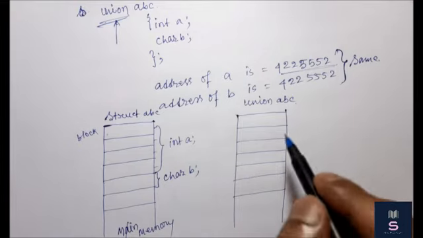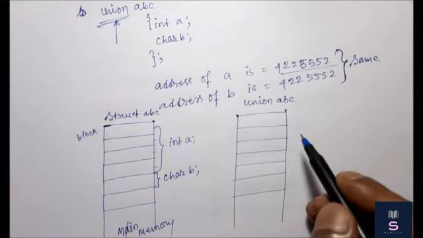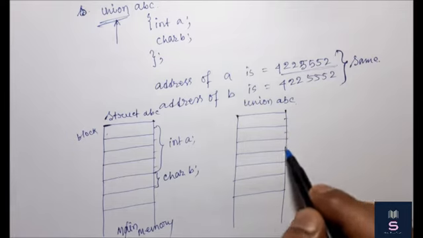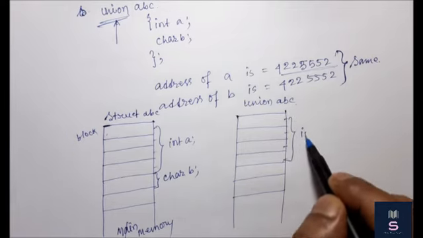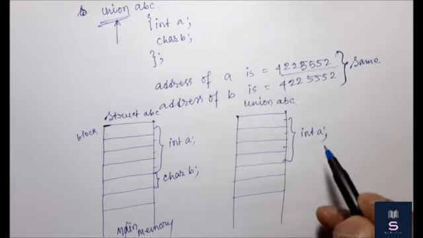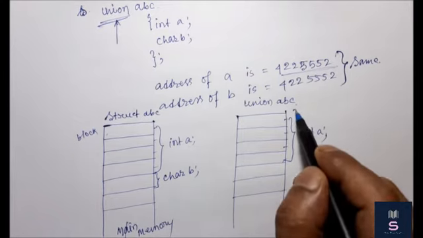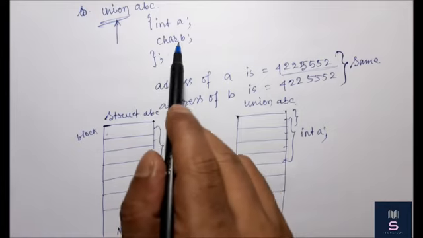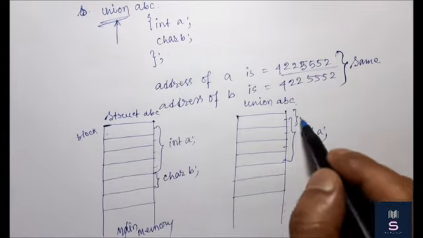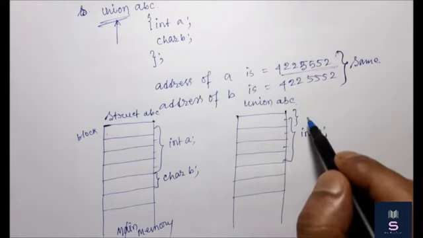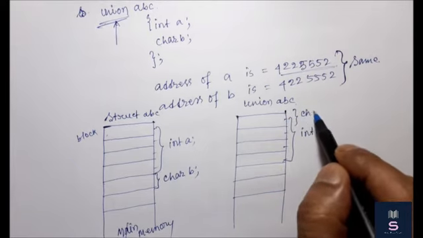But in case of union, when you declare the integer, it occupies 1 byte, 2 byte, 3 byte, 4 byte. So the first 4 bytes are for integer a, and when we declare the second member, char b, it will also be allocated to the first byte of this memory location.